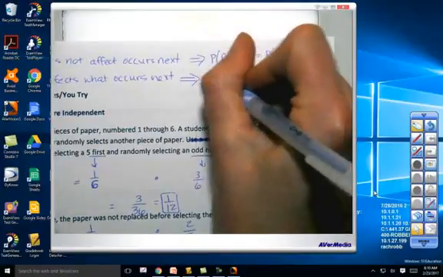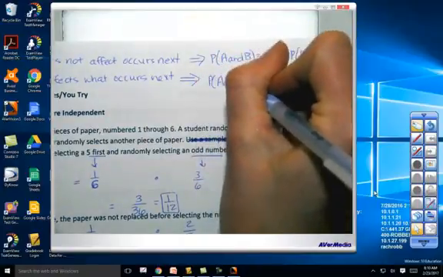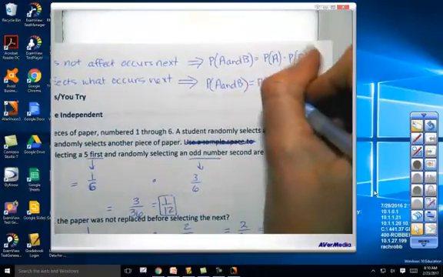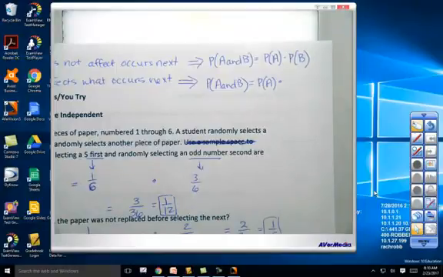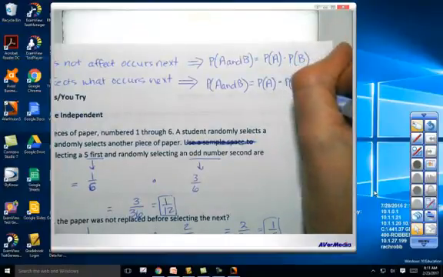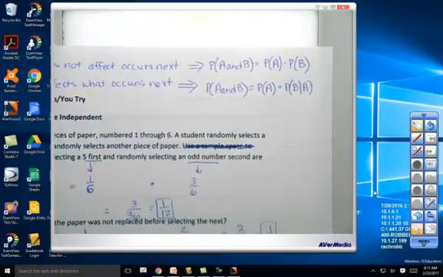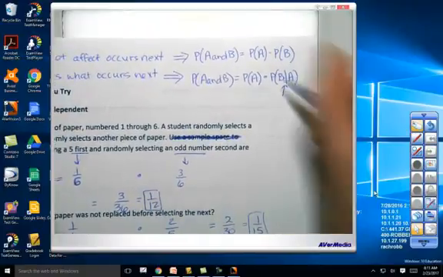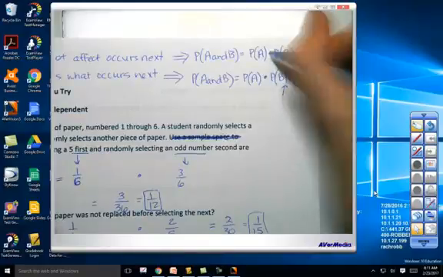The probability of A and B occurring if we have dependent events is still the probability of A, but then you don't just multiply it by the probability of B alone. It's the probability of B given that A has already occurred. And so this is new notation for you. Is that a minus? Or is that a count? These are multiply.